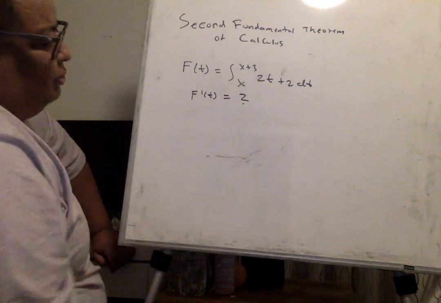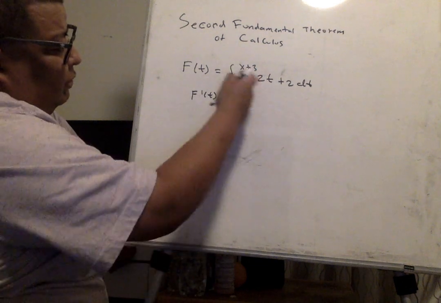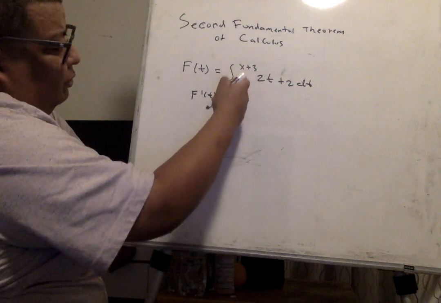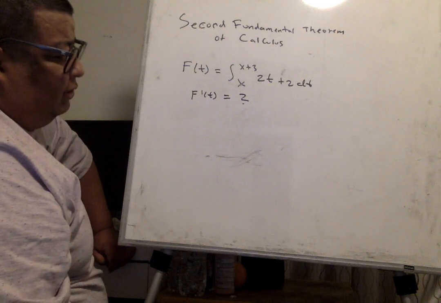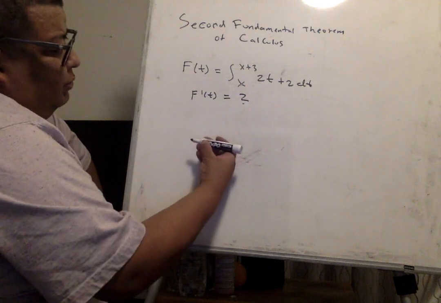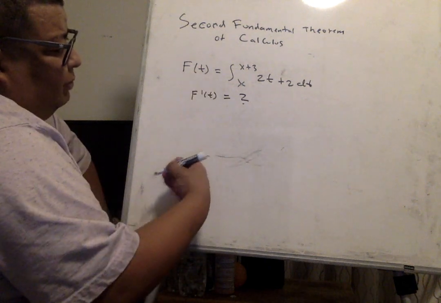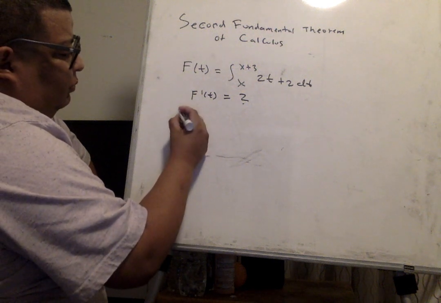So usually you could just take the integral and plug in your endpoints and you get an answer. That is a valid solution. But there is one trick that you can use, which is the second fundamental theorem of calculus. The way you work it out is like this.